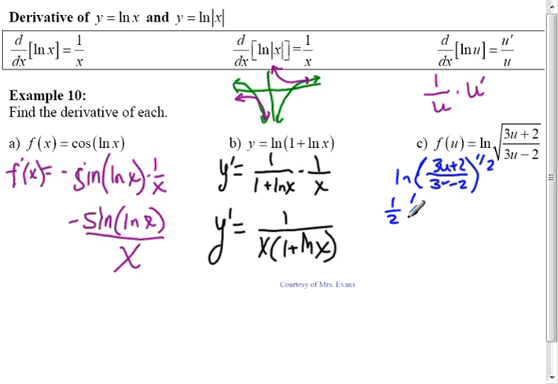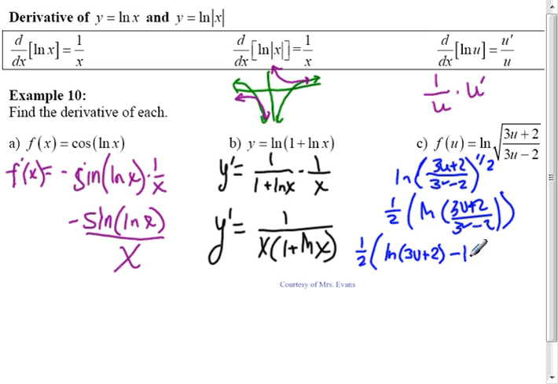So now it's 1/2 times ln of (3u plus 2) over (3u minus 2). Then I can even rewrite it a little bit more. I'll put my 1/2 here in the front, and because I'm dividing two terms, I can break it up into two logs being subtracted.